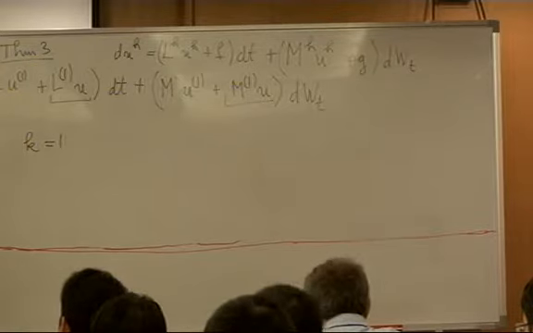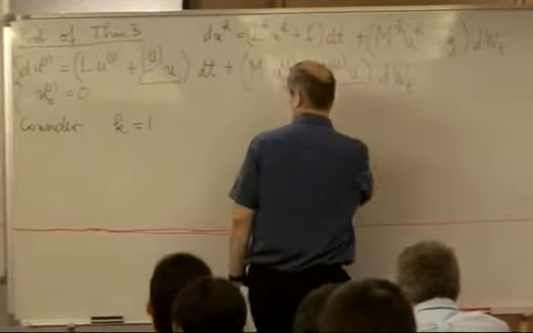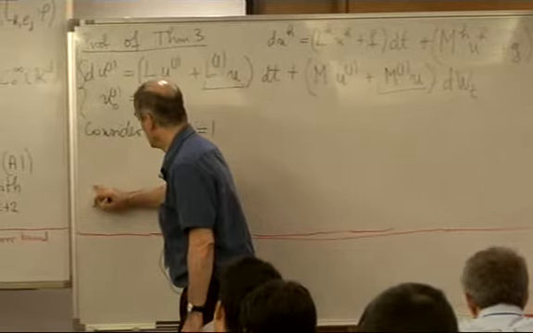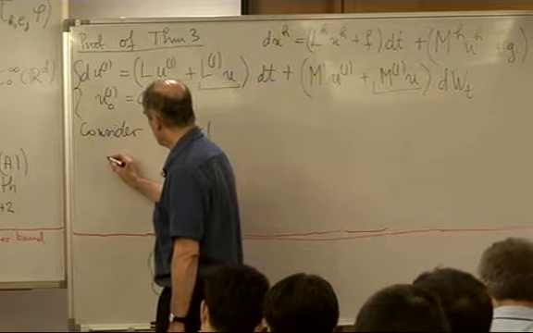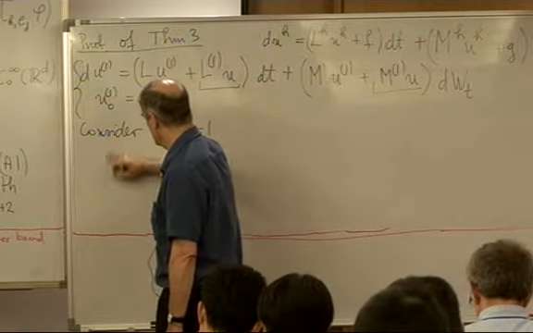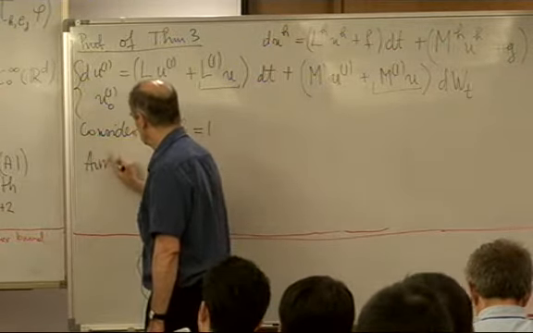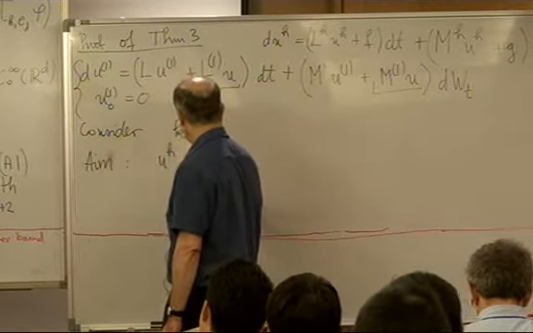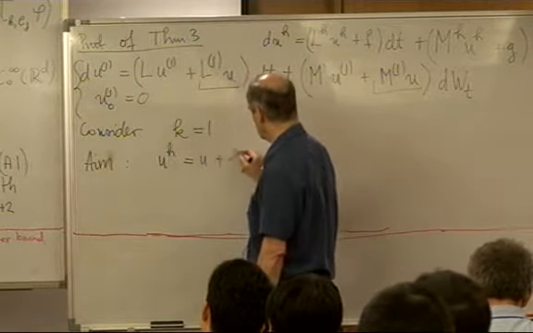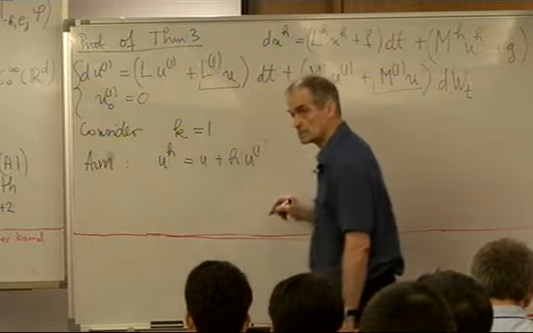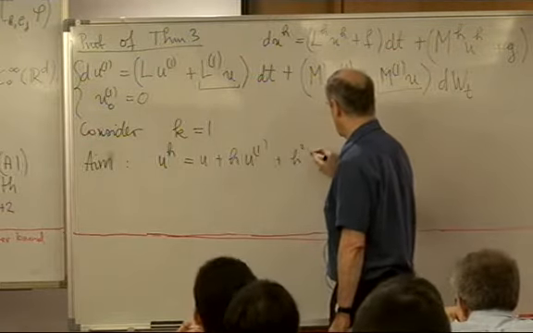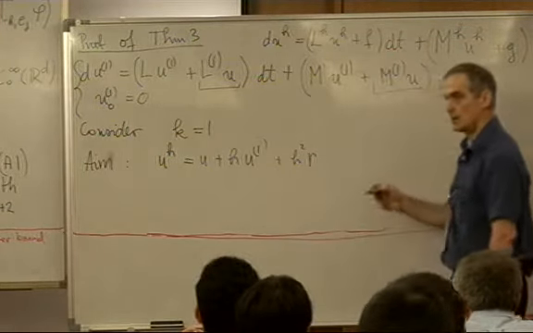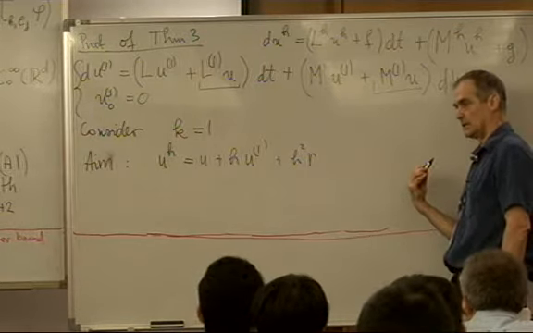Okay, and then what we consider is what we need to prove, right? That the UH, so the aim: UH equals U plus H times U1 plus H squared and some R here on the grid.